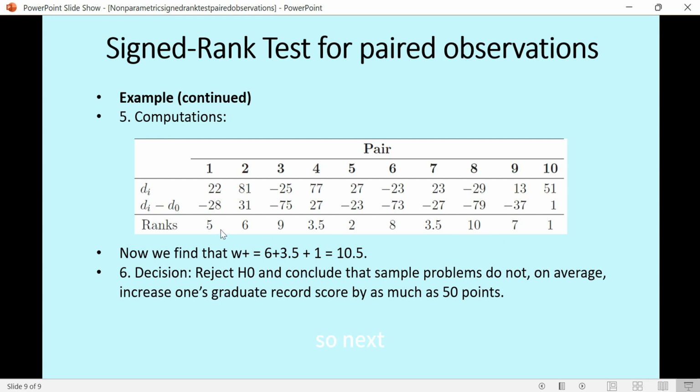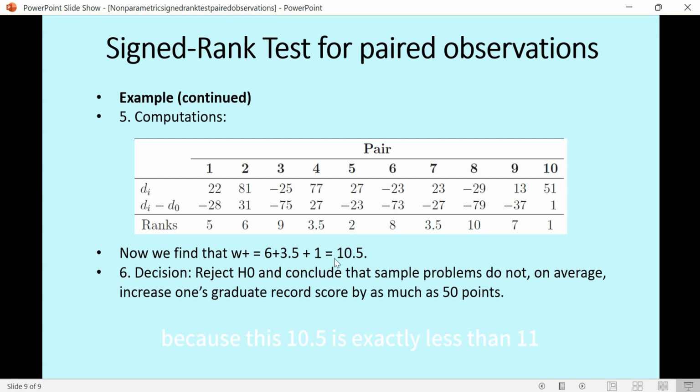Next we sum all ranking values from the positive side. Here this is positive, and this is positive. So the 3 positive rankings are this one and this one, which means the total ranking from the positive side is 10.5.